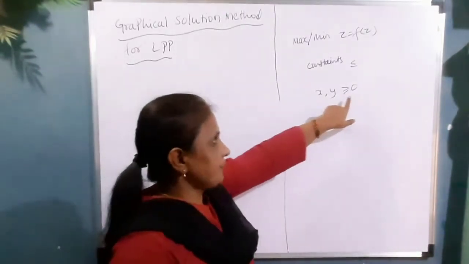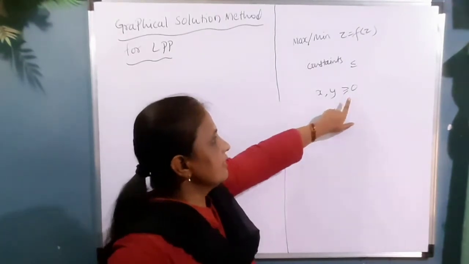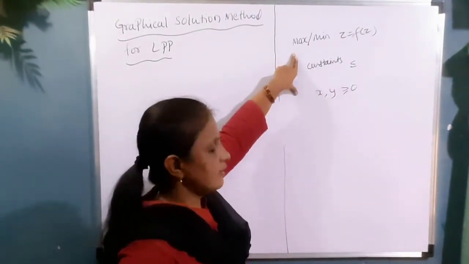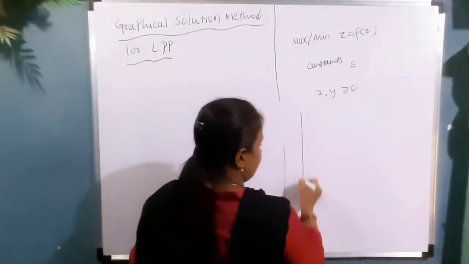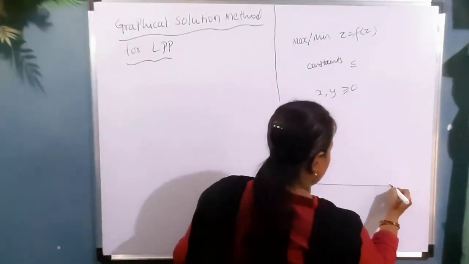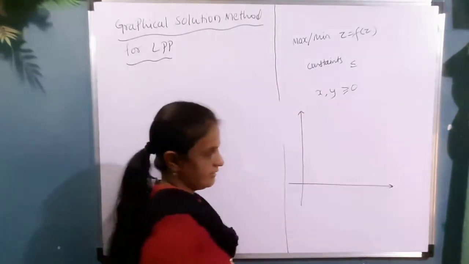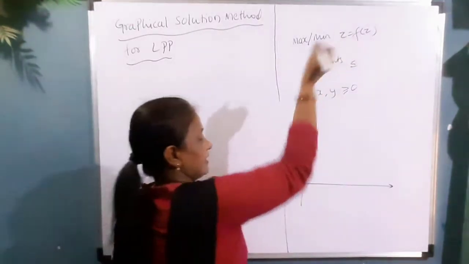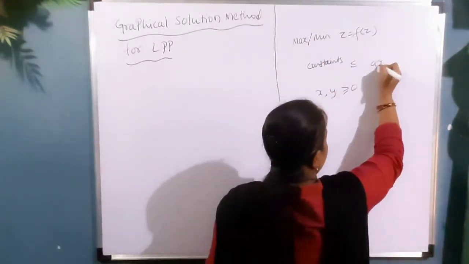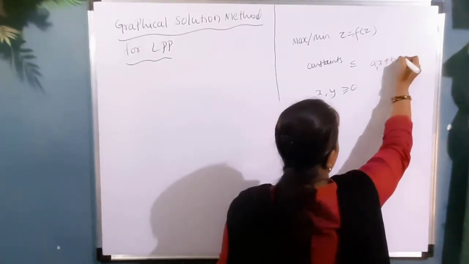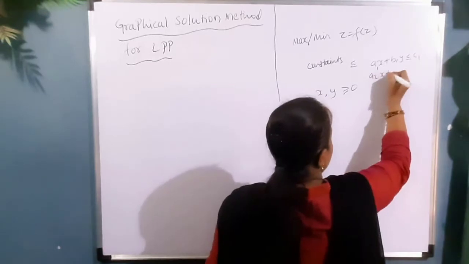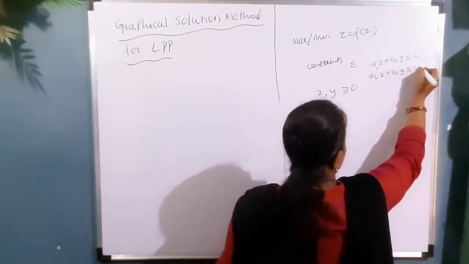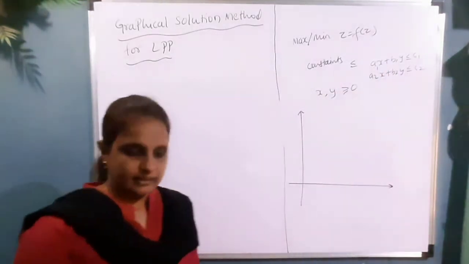This is a linear programming problem. Now we consider a graph. Suppose the constraints are a1x plus b1y less than or equal to c1, and a2x plus b2y less than or equal to c2.